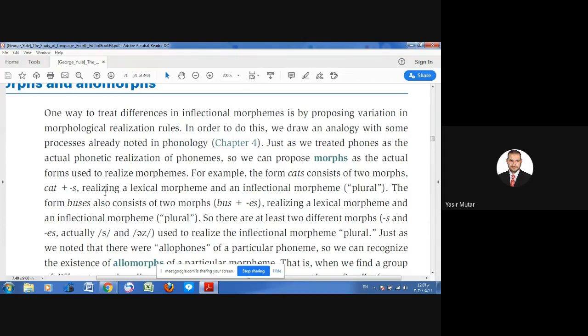When I say child plus plural, I will understand what I mean by the plural here because it is irregular.